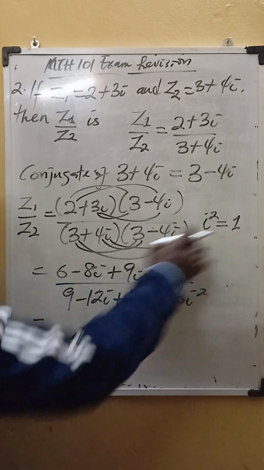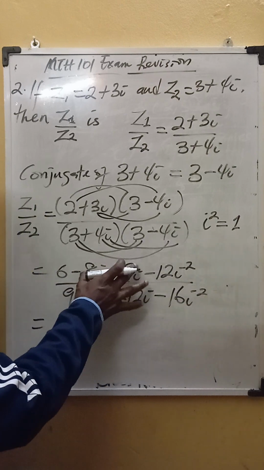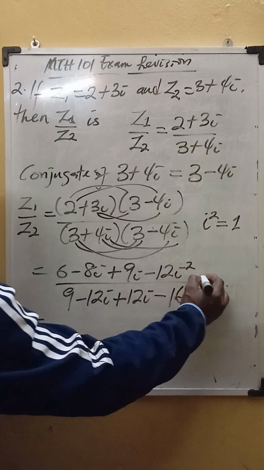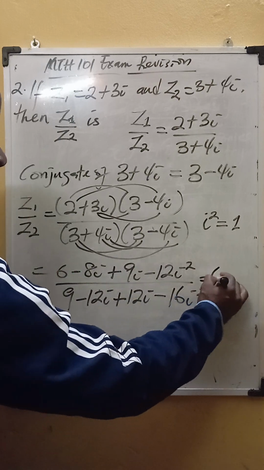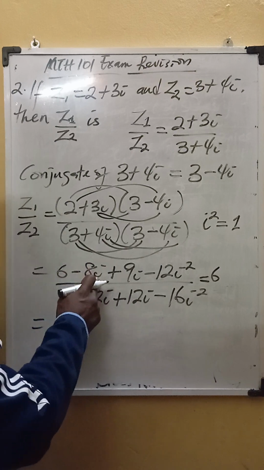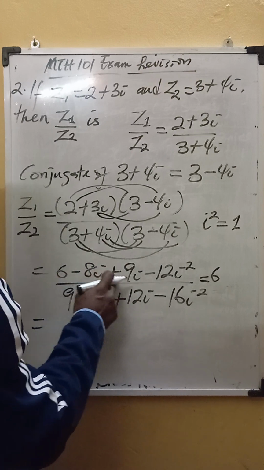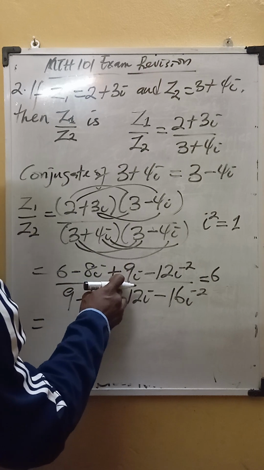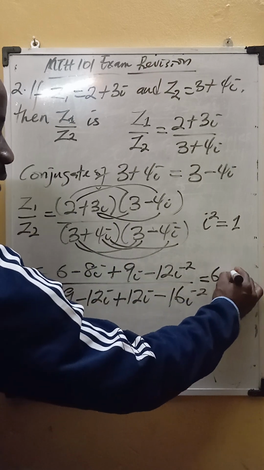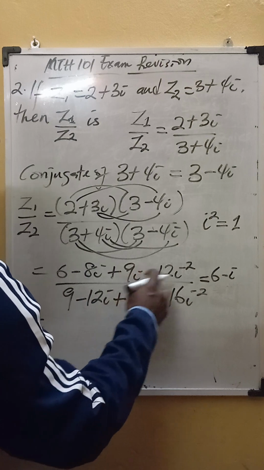But before you do that, because we want to manage space now, let us quickly take care of this part. We have 6 plus minus 8i plus 9i. The bigger number is positive, so what we have there is i.